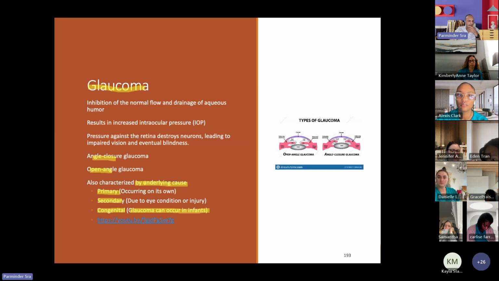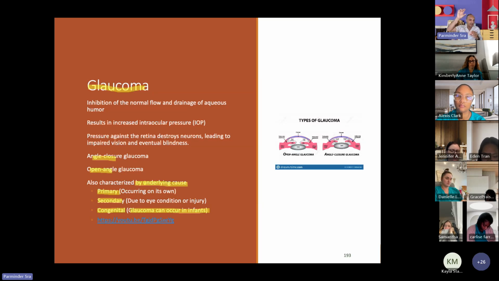No. Primary is also called open angle. Angle closure is sometimes also written as closed angle, but they are two different things. It's not interchangeable between primary or secondary or angle open or angle closed. Open angle and closed angle are two different conditions.